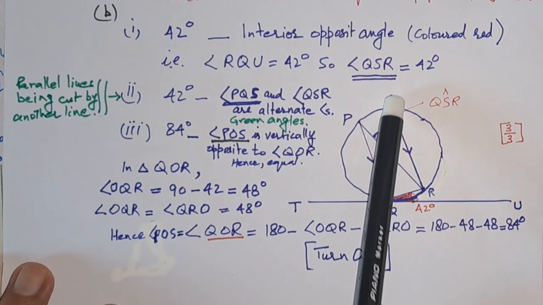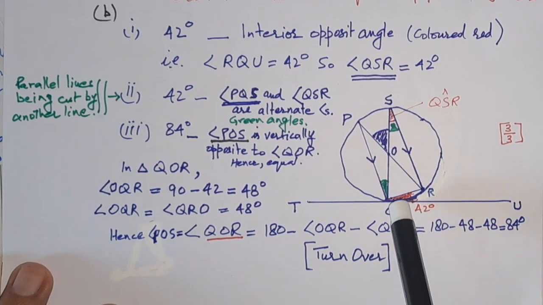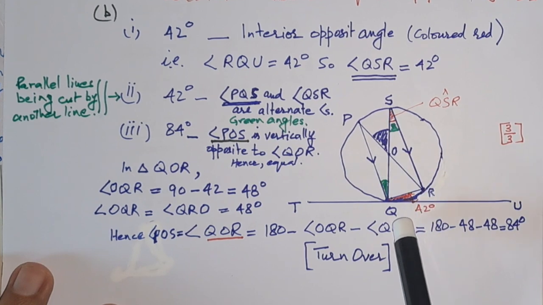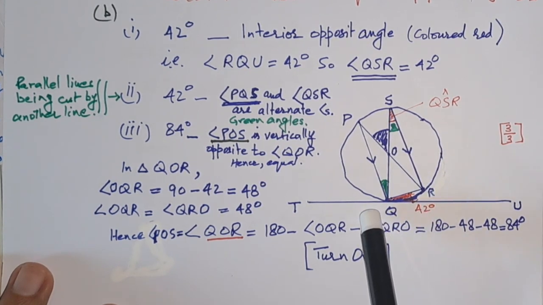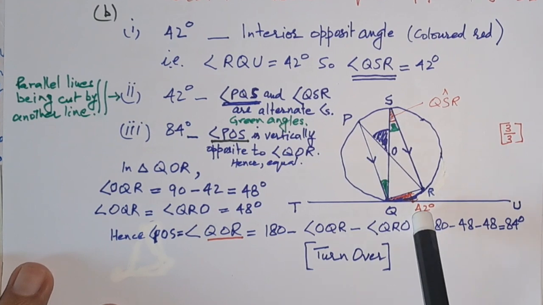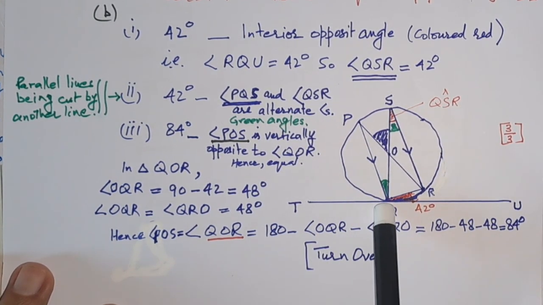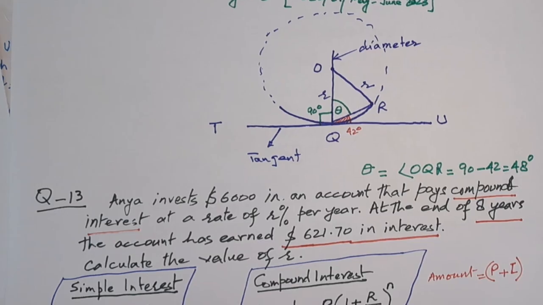For finding out angle POS, we will have to work out angle QOR because we are given this angle 42 degrees, and we are shown that this is a tangent to the circle. So I will go to another diagram that I have made for you.